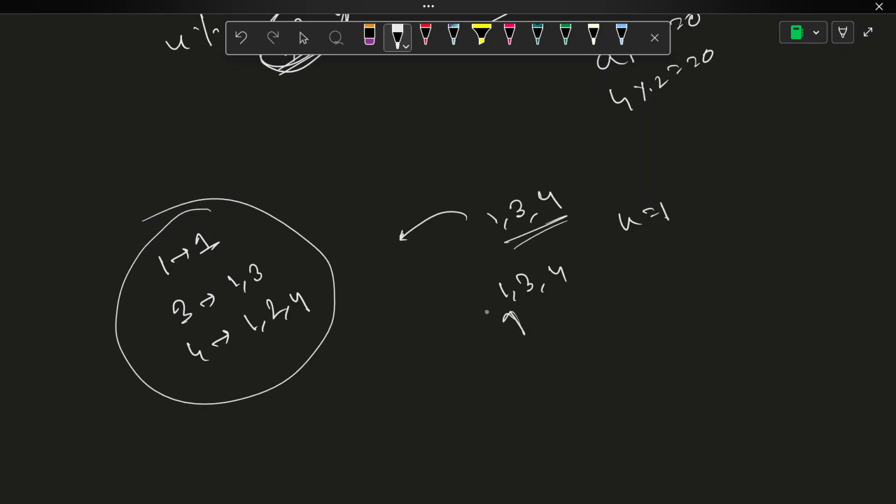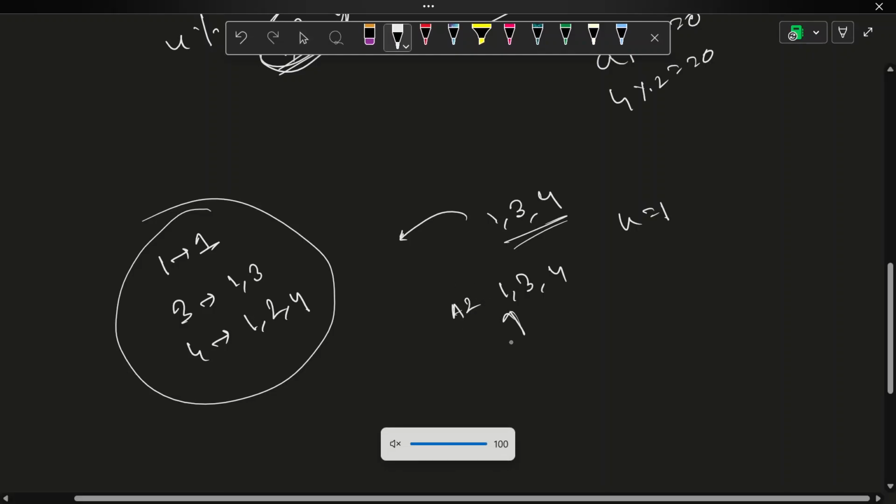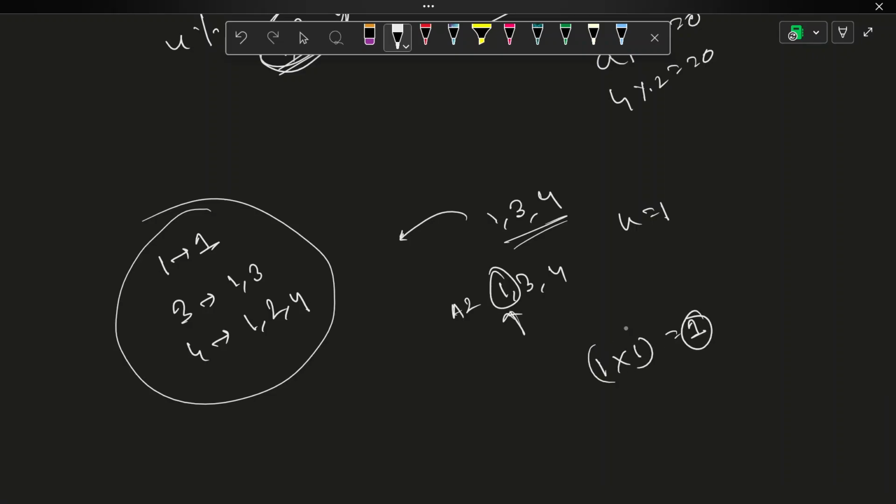So I am traversing array 2. I first get 1, so 1 times k gives 1. Which numbers will be divisible by this number?